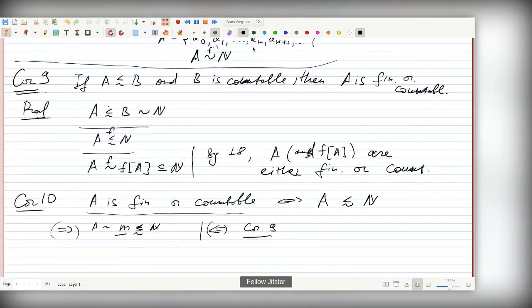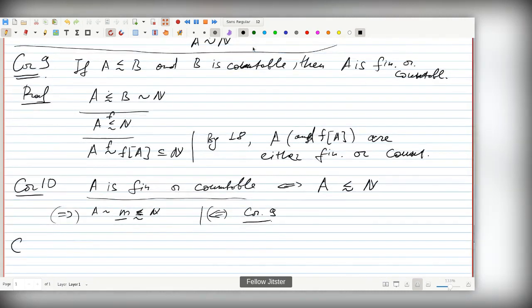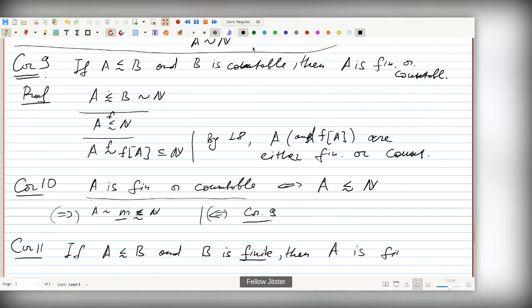Yet another corollary. What if we have a subset, or more generally, something embeddable into a finite set? If A is embeddable into B, where B is finite, then I say that A is finite as well.